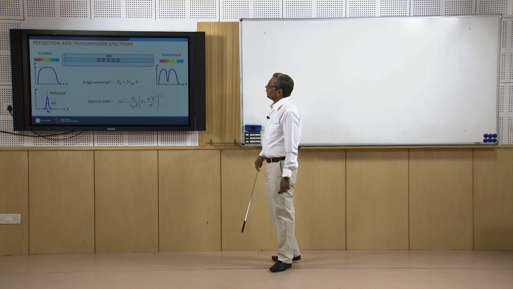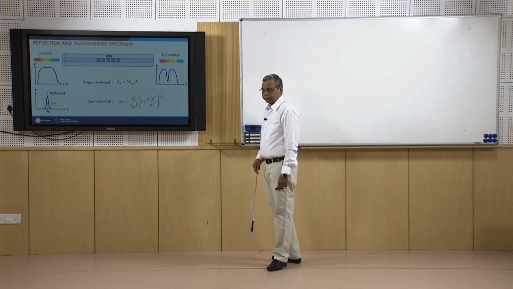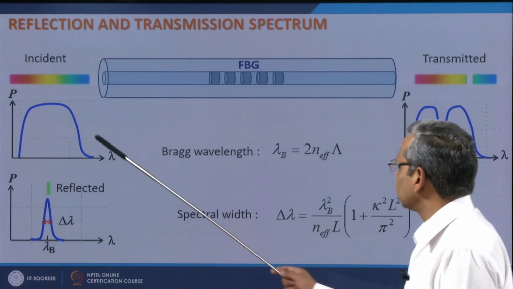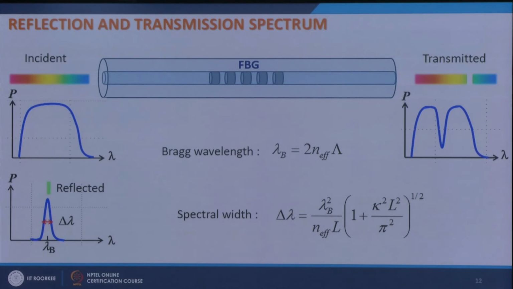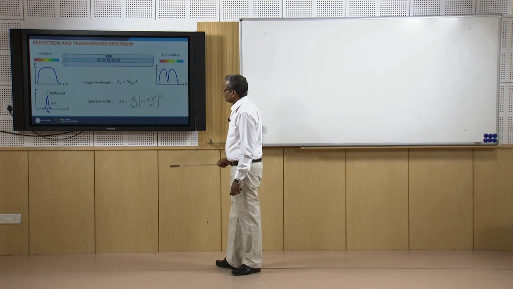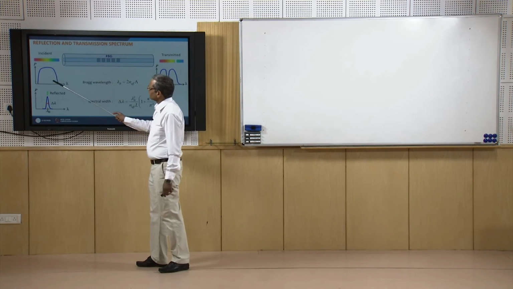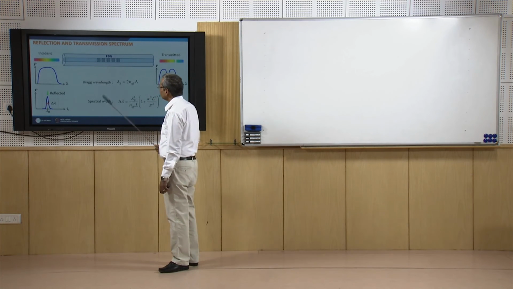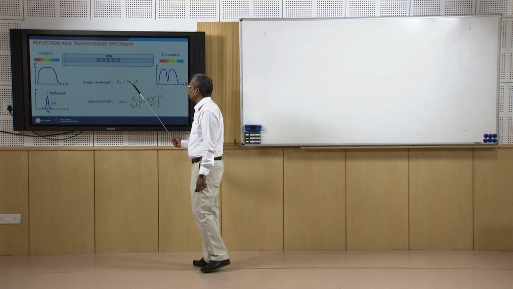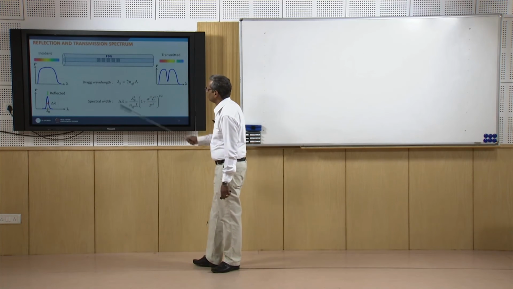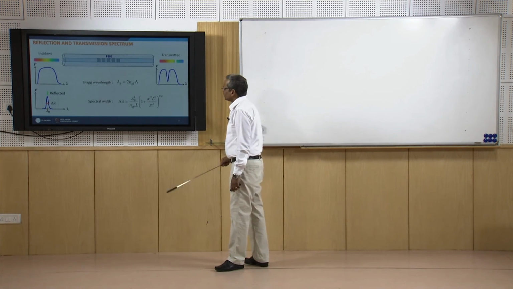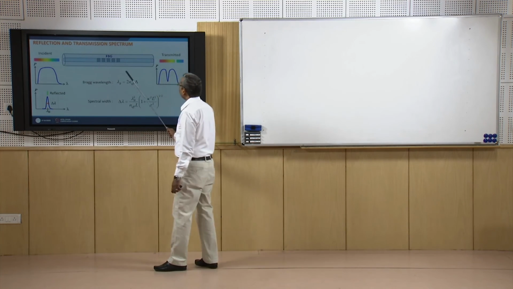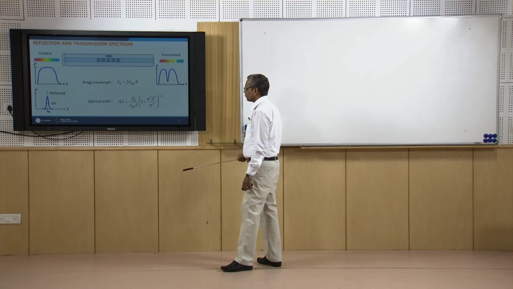Let us now look at the reflection and transmission spectrum of the grating. If I incident this spectrum, which is a broadband spectrum, then out of all these wavelengths, only one wavelength which satisfies the condition 2 n effective capital lambda equal to lambda b will be reflected and all the other wavelengths will pass through.